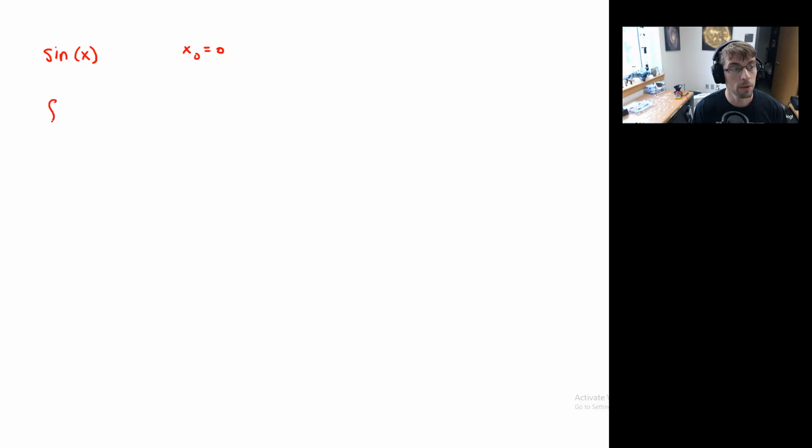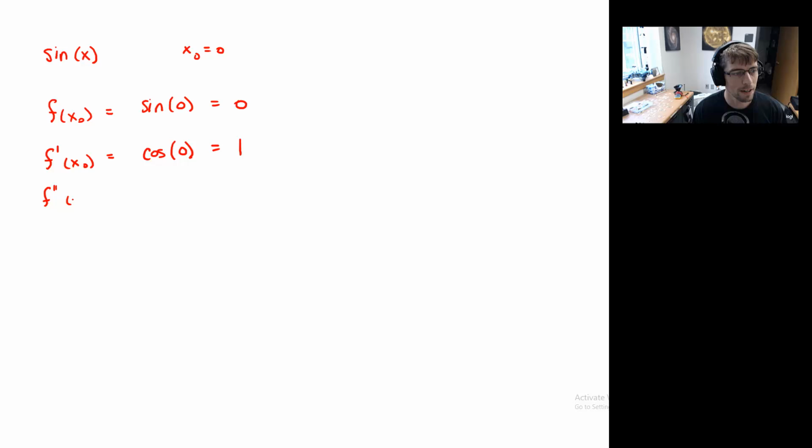Well, if I want to evaluate the function itself at x equals 0, I just get sine of 0, which is equal to 0. That's kind of boring. But now here's the next one, f prime of x. Well, the derivative of sine is cosine, and evaluated at 0, all of a sudden I end up with 1.